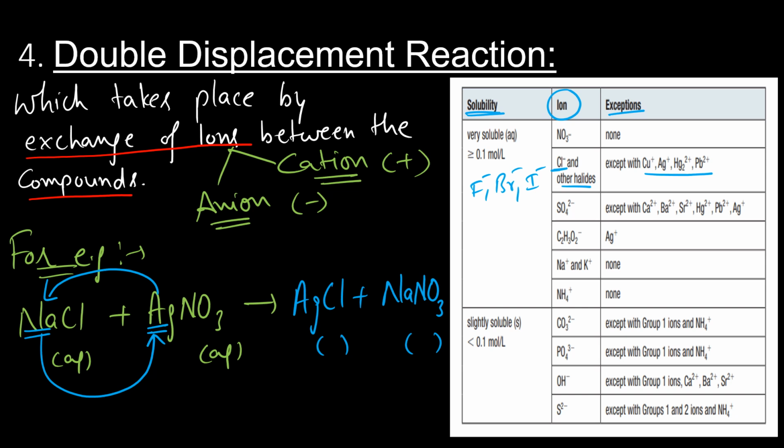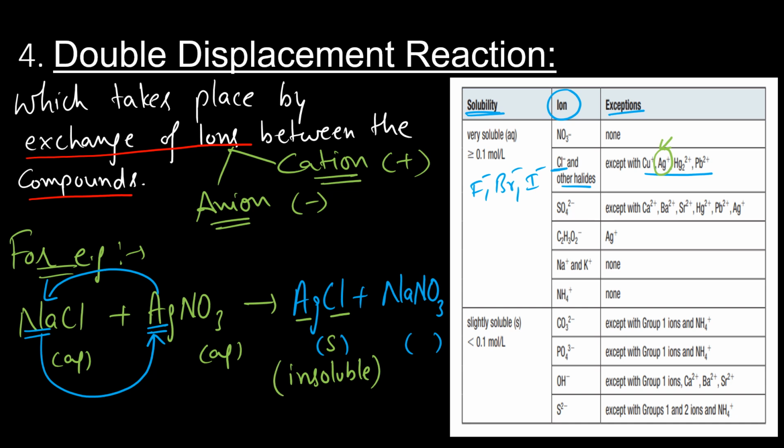Here we have chloride with silver, so chlorides are insoluble in silver. It means this should be insoluble in this chemical reaction.